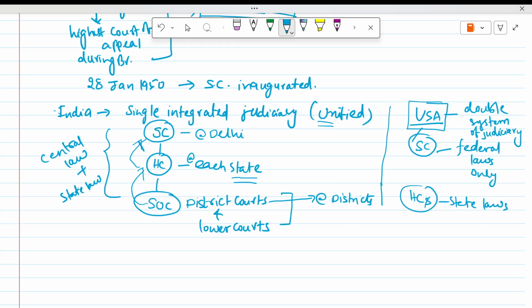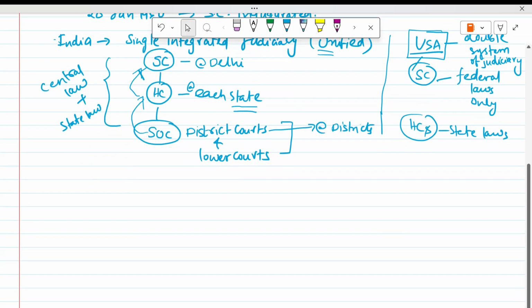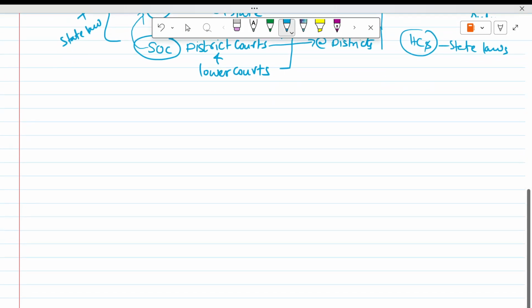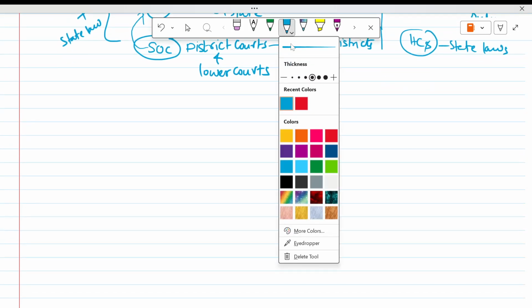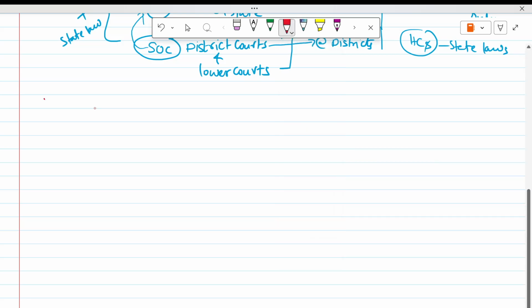Then you come to articles. Take Article 124. This is regarding the establishment of the Supreme Court.